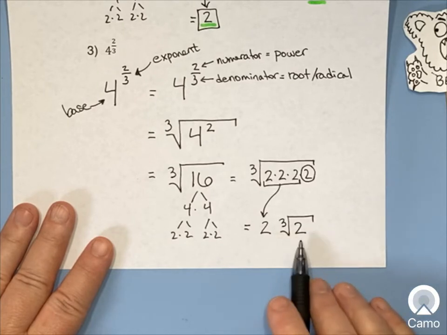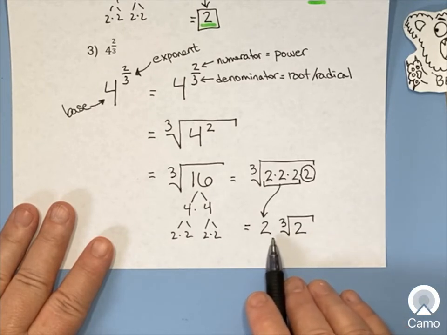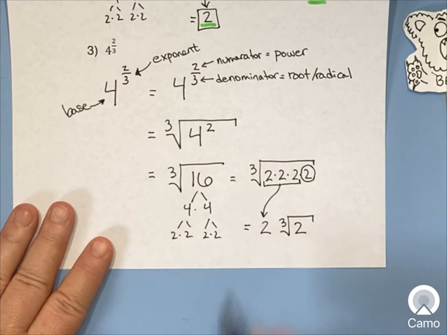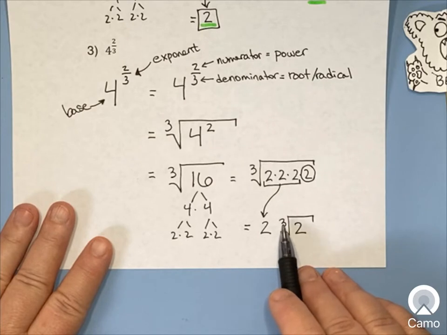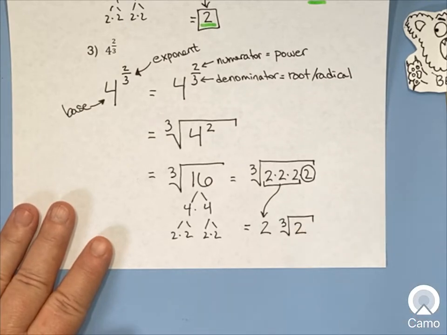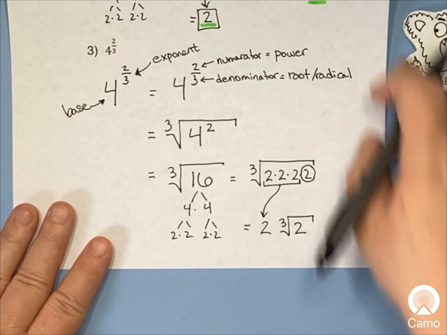Notice that when I'm writing it out, I do try to leave a little gap here so the 3 doesn't migrate down to join the 2 and become 23. This is 2 times the cube root of 2 is the best way to say it. Woohoo! Okay, there's page 2.